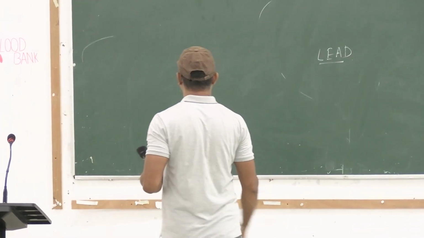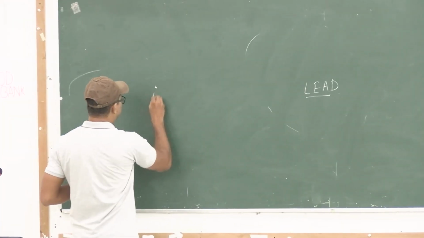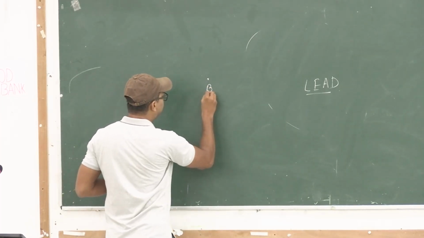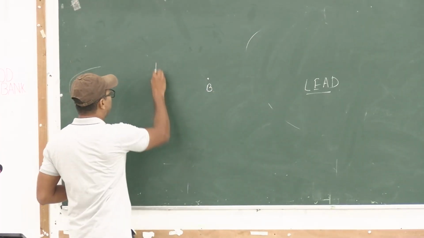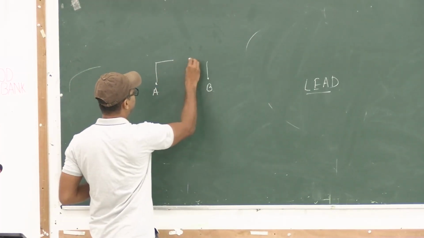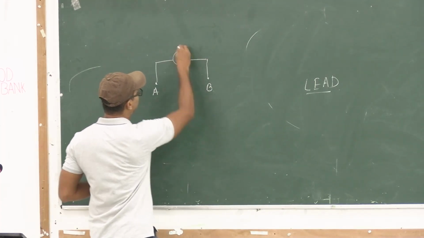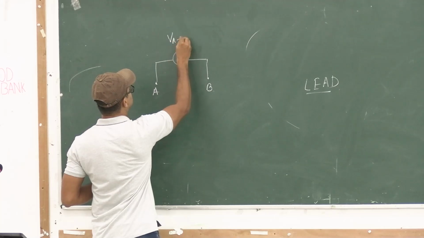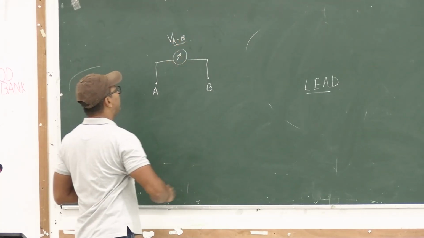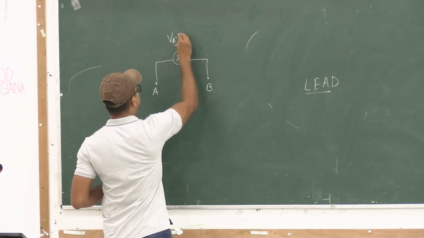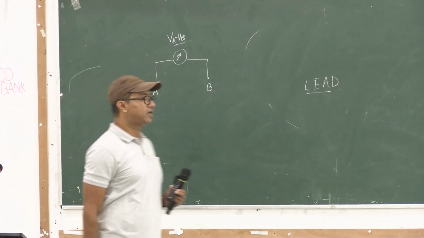Here is a point A and here is point B. We connect point A and point B with electrodes and connect them with a voltmeter, and the voltmeter will give you the result VA minus VB, the potential difference between point A and point B. This setup is called a lead.